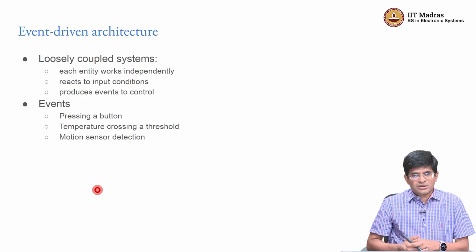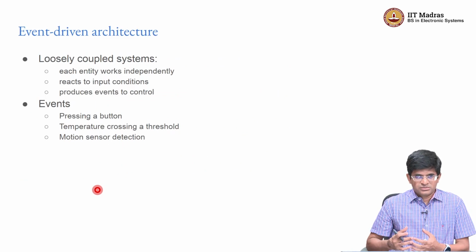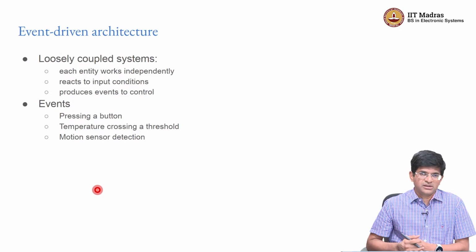Now, the layered architecture is one common pattern. Another very common architectural pattern, especially in the context of embedded systems, is something called the event-driven architecture. In order to understand what we mean by an event-driven architecture, we need to think in terms of loosely coupled systems.